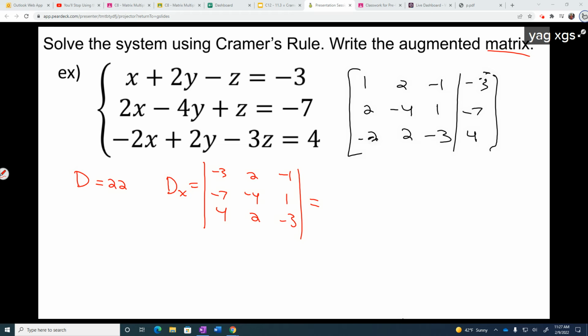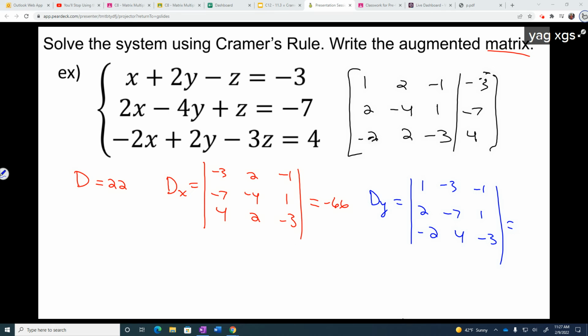Anybody got these next? Yep. This is D sub y, swap the y's. Once you understand this rule, it really isn't hard to do.